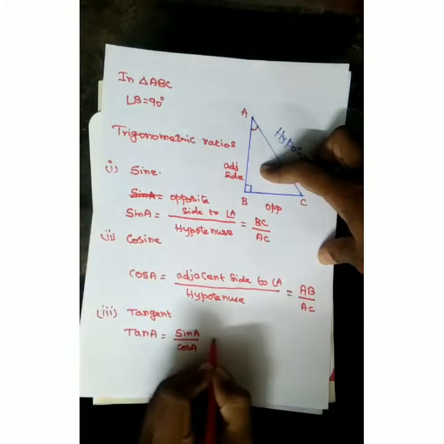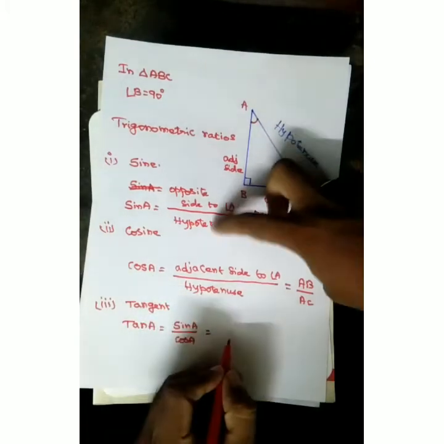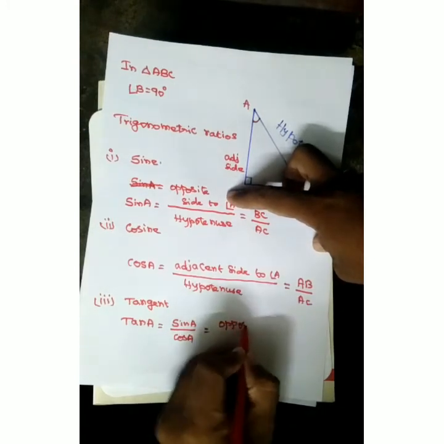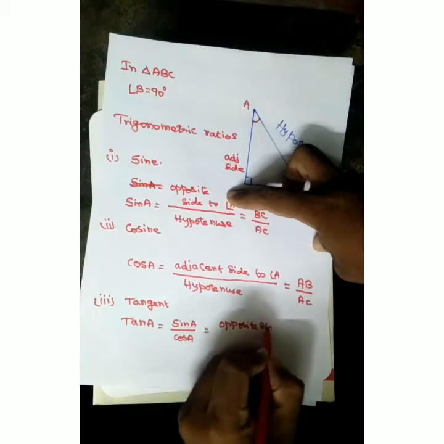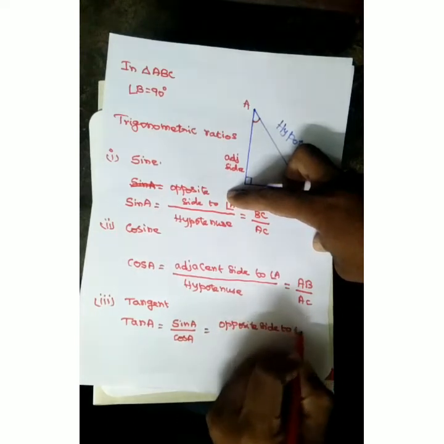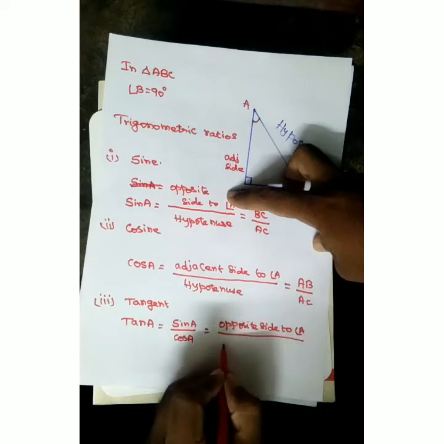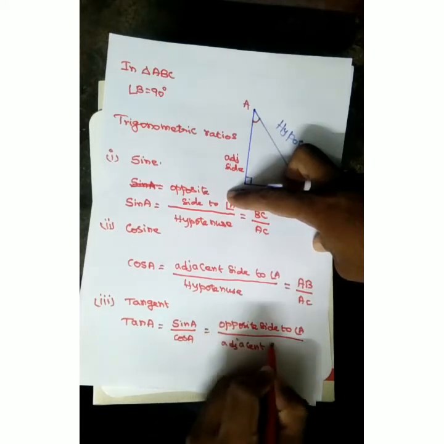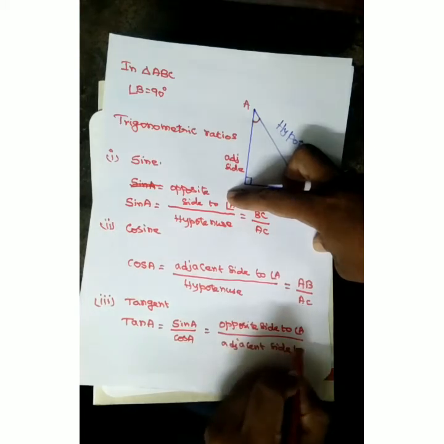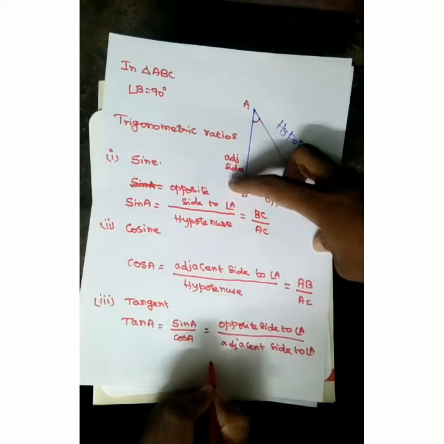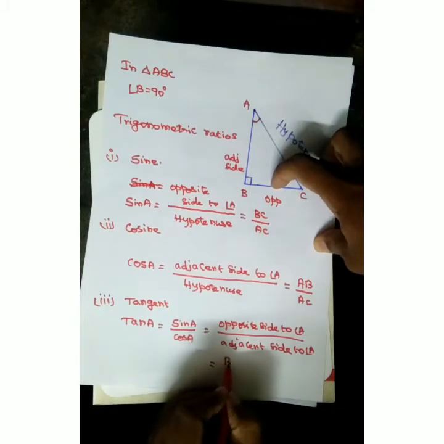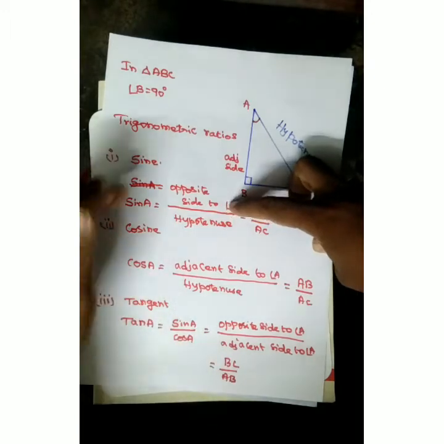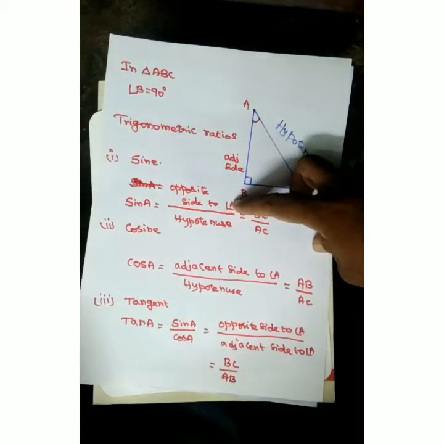After cancellation we get the opposite side to angle A by the adjacent side to angle A. The opposite side is BC and the adjacent side is AB. So tan A is BC by AB. These are the main three ratios.